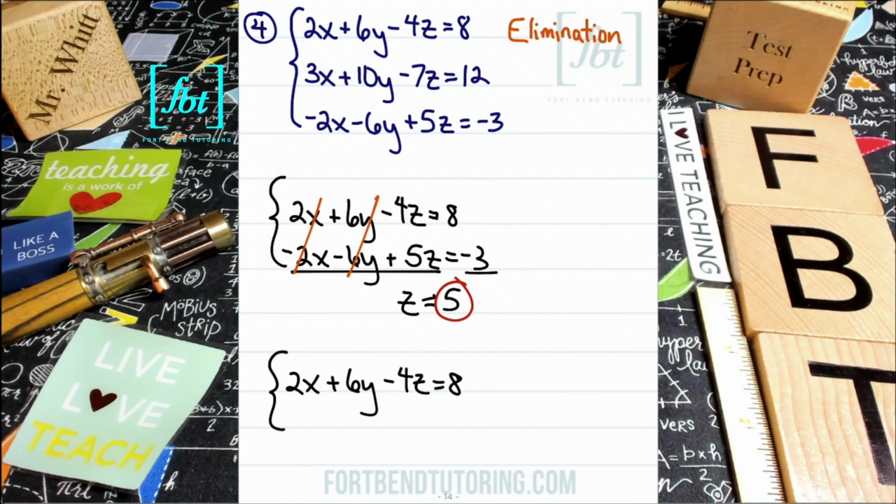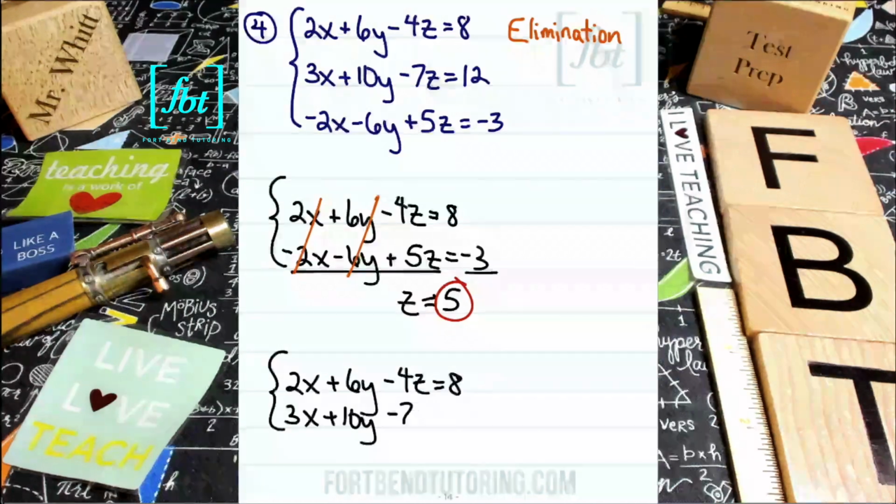And I'll also bring down the 3x plus 10y minus 7z equals 12, just like this, okay? I told you the purpose of setting up this original system was to eliminate the x's, but we got a little bonus in that, right? We were able to eliminate the x's and the y's, but my initial goal still stands, and that is for me to come up with two smaller equations that have the x variable eliminated.